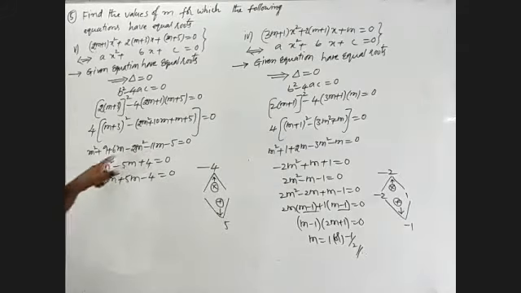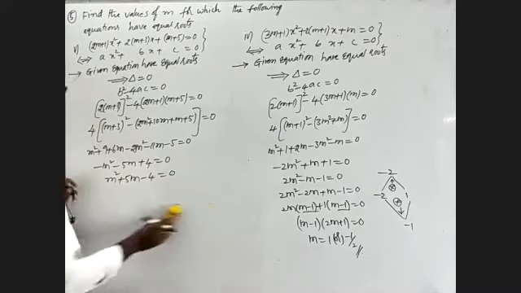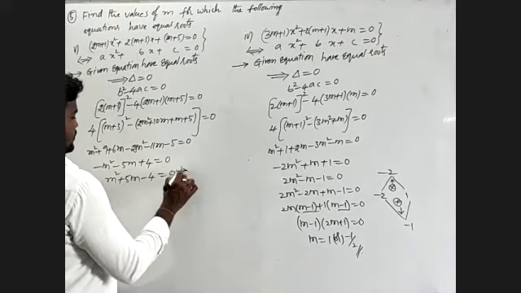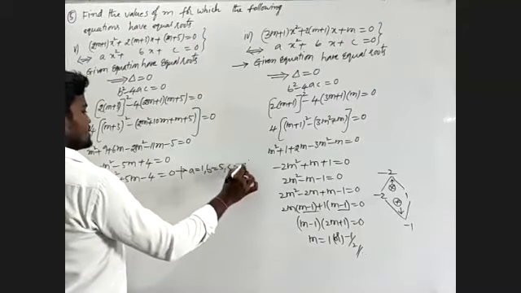Minus m square minus 5m plus 4 equal to 0. 1 into minus 4 is minus 4. Their sum will satisfy 5. So the values are a is 1, b is 5, c is minus 4.